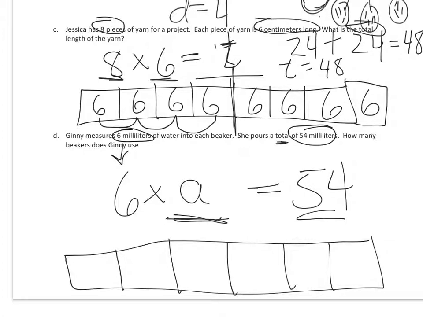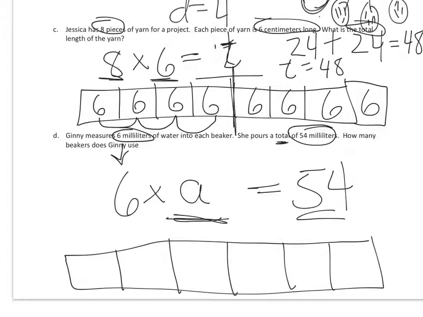Those are my 6 groups. I know I need to get a total. All of this needs to equal 54. So I can count by ones, or you can count by fours.